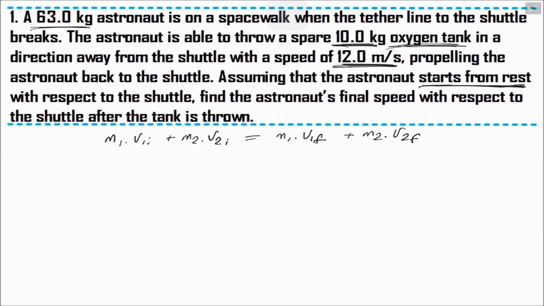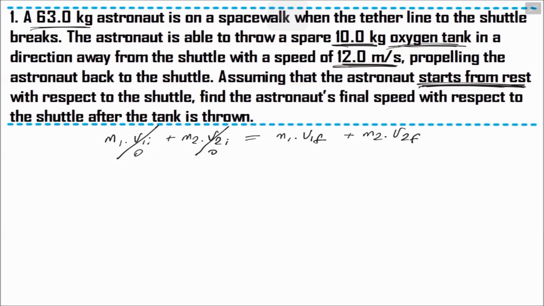And if the astronaut is initially at rest, the oxygen tank and the astronaut must be at rest. So both velocities of the astronaut and the oxygen tank will be 0. So due to this, the left side of the equation is going to be 0.